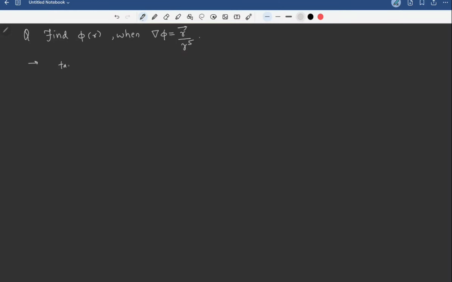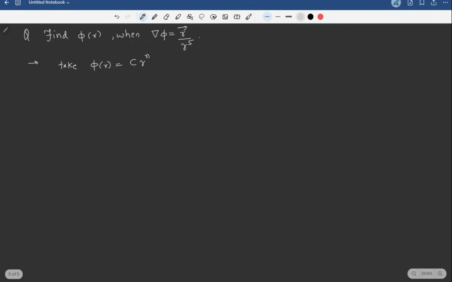Take psi of r is equal to some constant c into r raised to any arbitrary power n. We can also add terms like b r raised to minus n minus 1, but it doesn't make any sense if we do that, so I'll just stick to c into r raised to n.